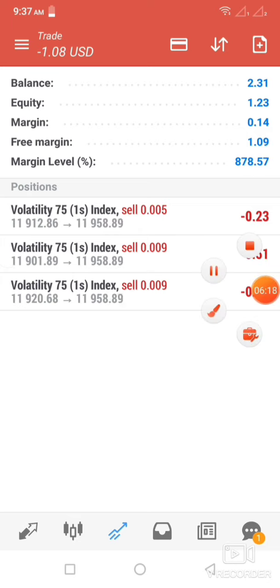That can destroy your account. So try by all means to practice good money management so that you can sustainably keep your account. On this account, every day you must target 5% or 10% of your capital. So for $1 you must target 5 cents. For $2, target 10 cents as your profit.